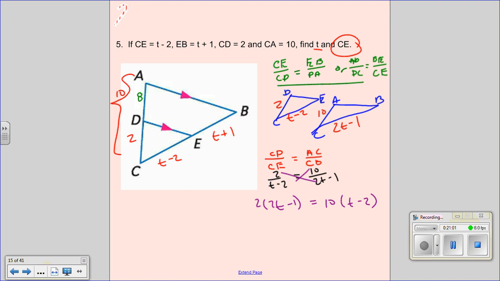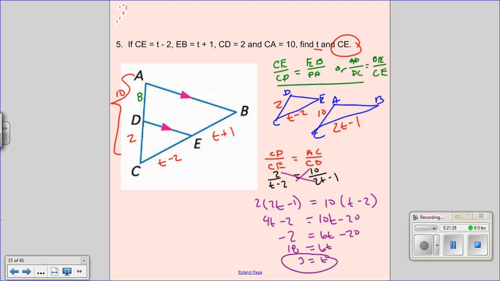Now I have to distribute, so that would give me 4t minus 2 equals 10t minus 20. Subtract 4t on both sides, so that's negative 2 equals 6t minus 20. Add 20 to both sides, which will give you 18 equals 6t. Divide both sides by 6, so 3 is equal to t.